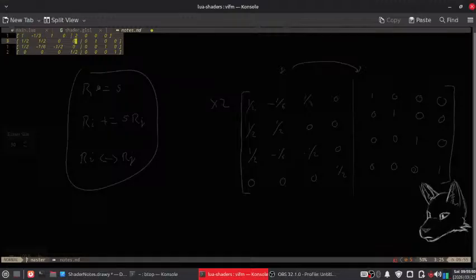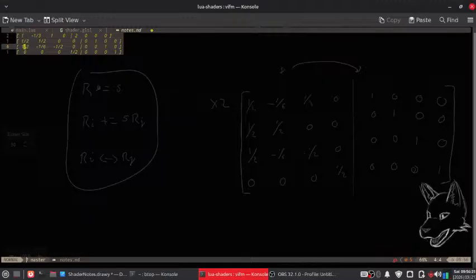So, right, because technically speaking I can subtract half of this row. Like I can subtract this row from this row. 1/2 plus a 1/6.